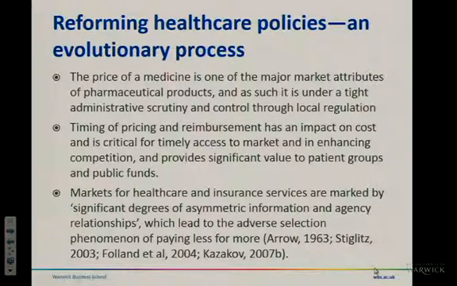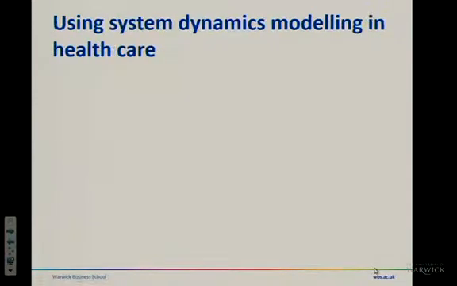There are significant degrees of asymmetric information and agency relationships, because, as I said, you don't have enough information about the market. You may have adverse selection, and Stiglitz is one of the main leading figures in that area. So we have that problem, and we decided to use system dynamics.